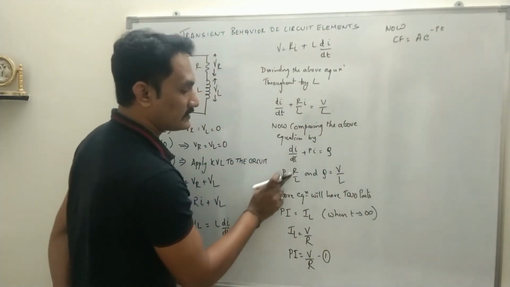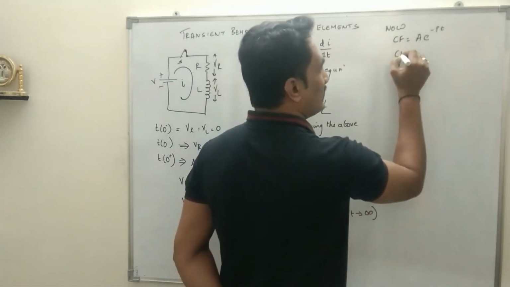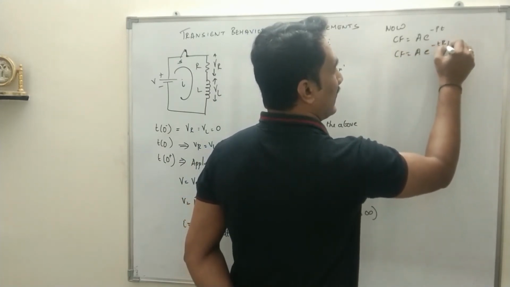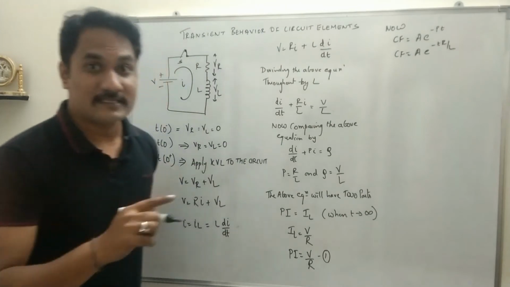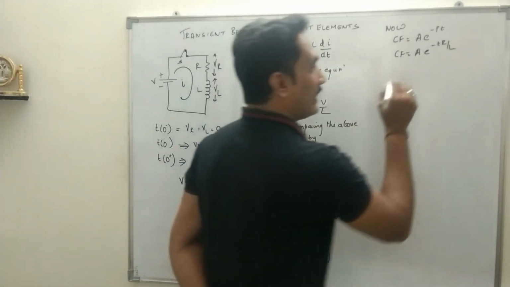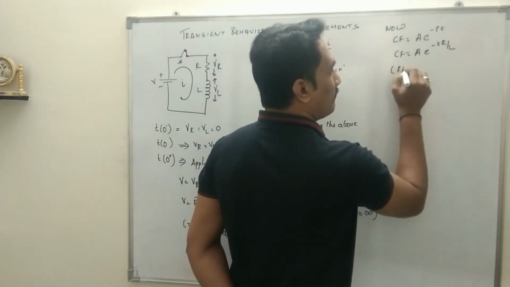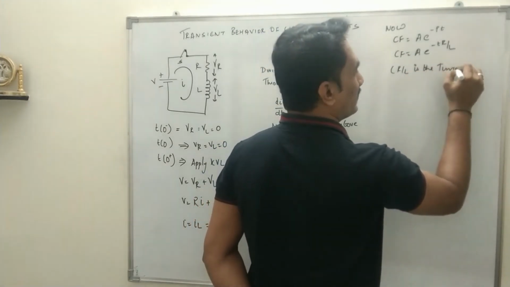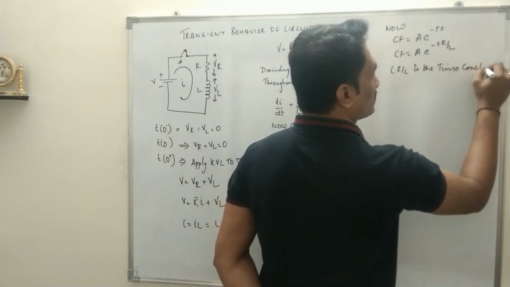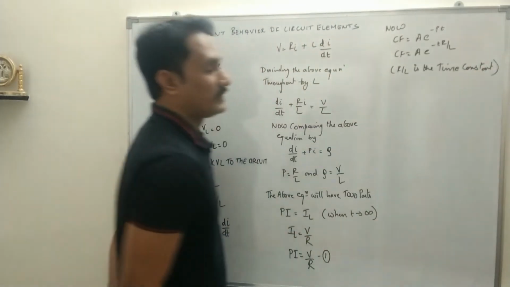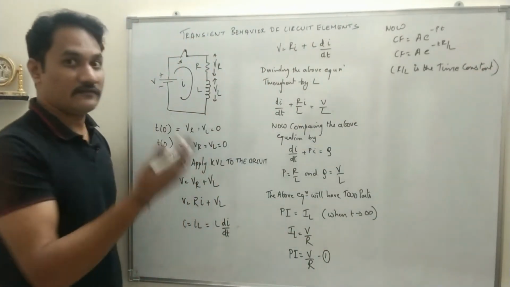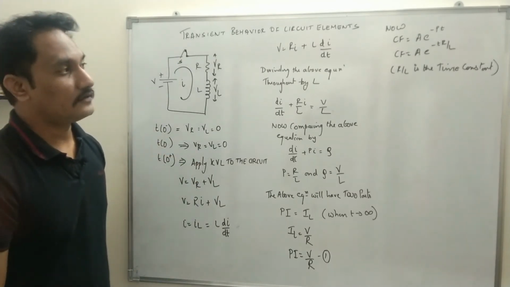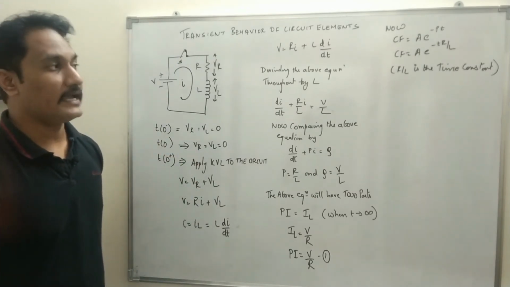P is R by L. So CF is equal to A e raised to power minus t R by L. In this case, R by L is the time constant. In case of the RC circuit, it was RC. In case of the RL circuit, it will be L by R that is the time constant.